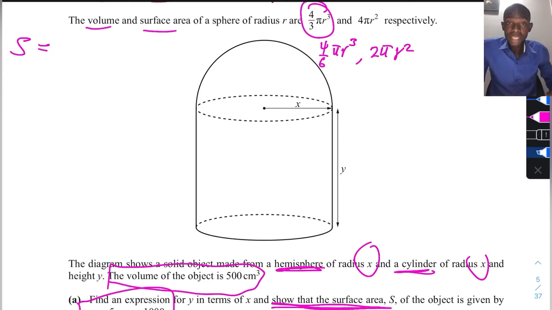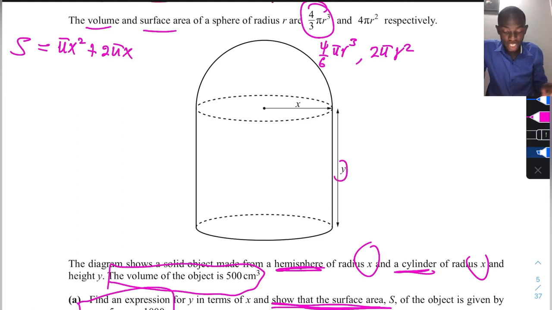So the cylinder has the base, so the area of the base is pi r square, but the radius is x, so let's just write pi x square, followed by the curved surface, which is 2 pi r h, but it's going to be 2 pi x h. What is h? h is y.